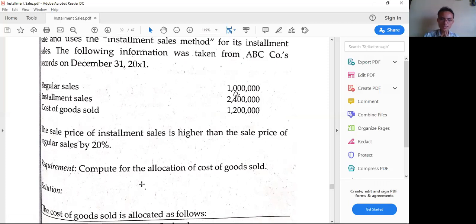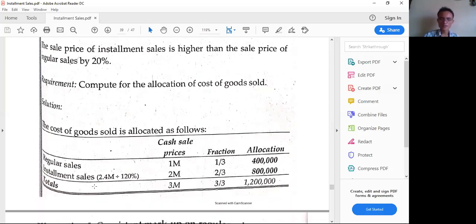Firstly, we have to translate the price of installment sales so that it will be consistent with the regular sales. Why do we have to translate? Because our allocation would be distorted, since we know that installment sales has selling prices higher than cash selling prices. As said, it is higher by 20%.